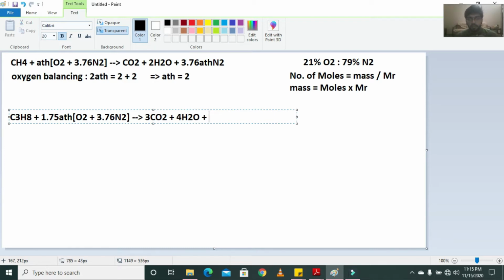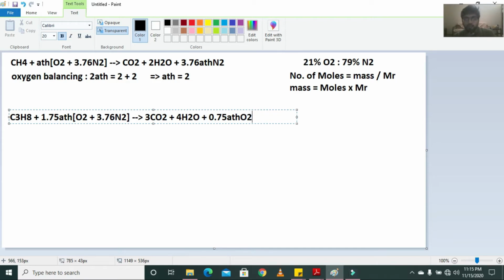And again here you will see that in the above question we just had the nitrogen part, but here we will not only have the nitrogen part. Because of the presence of the excess O2, I will have this part here as well.